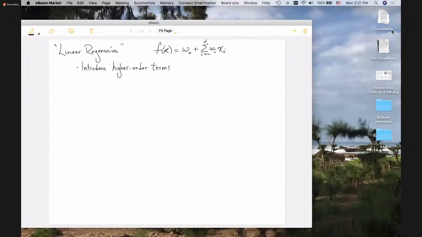One of the classic, quote unquote, simple extensions is to create quadratic terms. And we can apply exactly the same idea with linear discriminants, where we just insert these higher order terms.